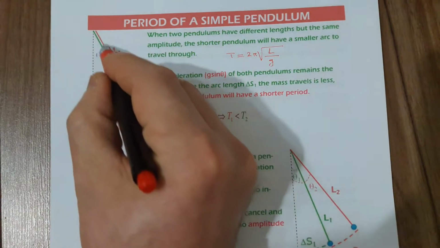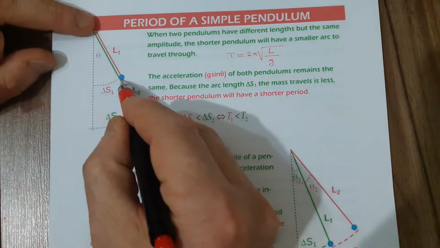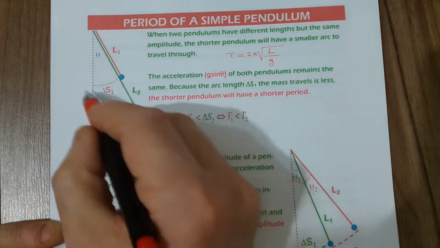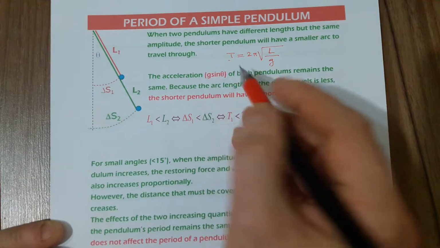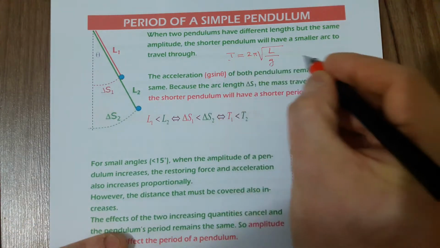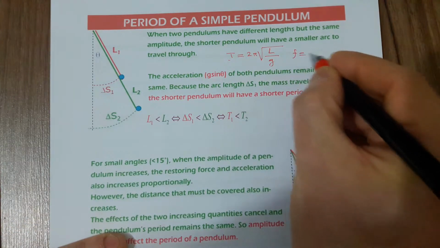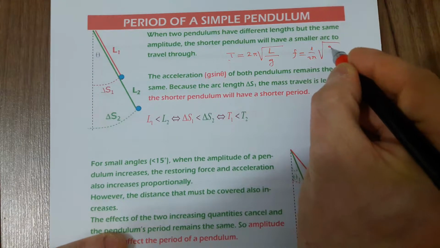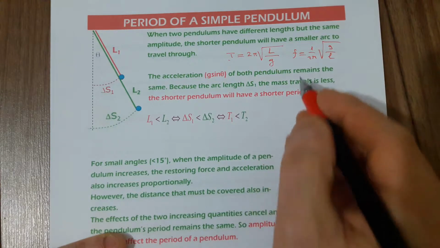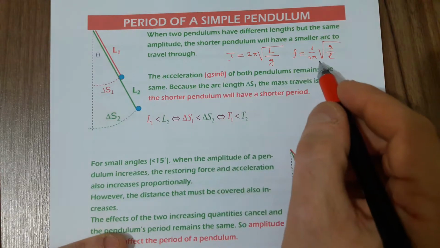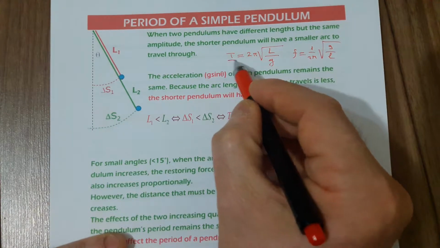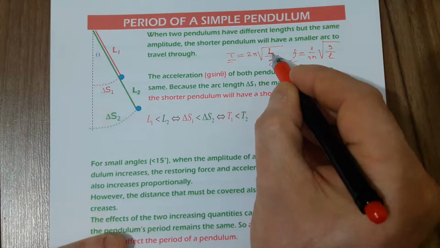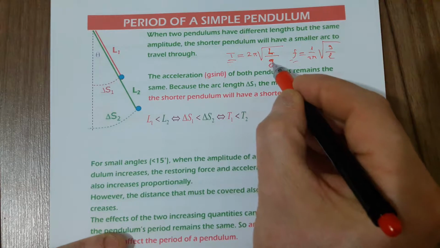L is the length of the string, g is the acceleration of gravity at that place, and T is the period. The frequency will be 1/T, so 1 over 2 pi times root of g over L is the frequency of a simple pendulum. As you see, period and frequency only depend on the length of the string and the acceleration of gravity.